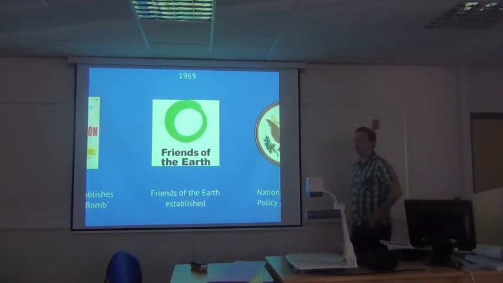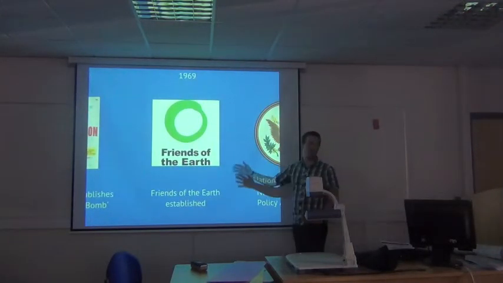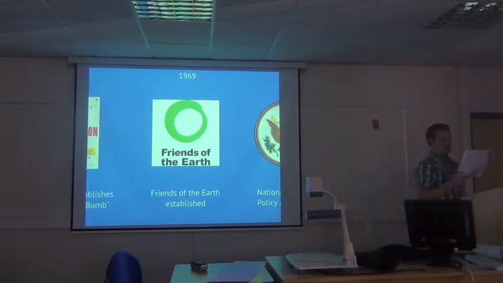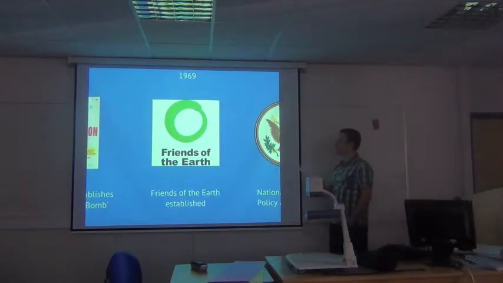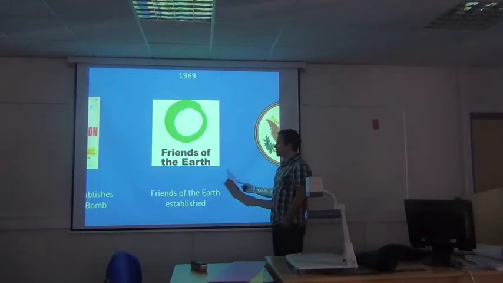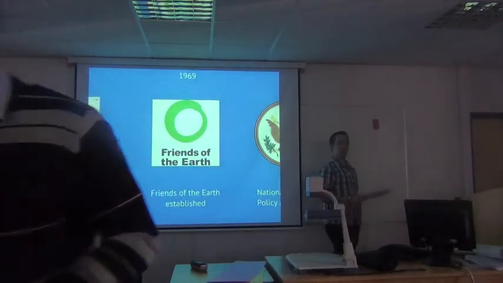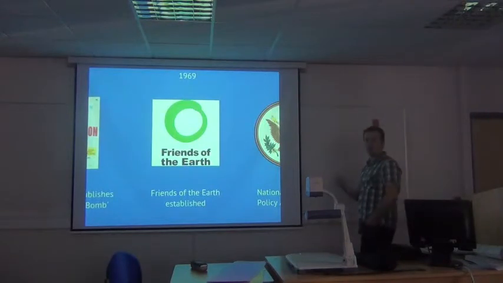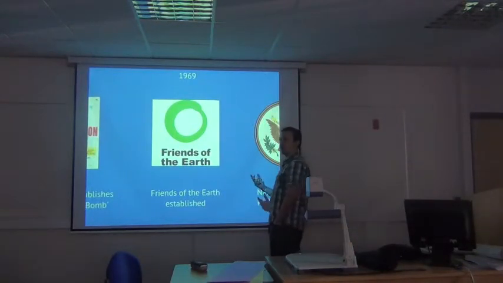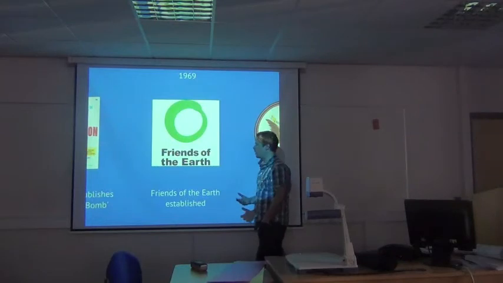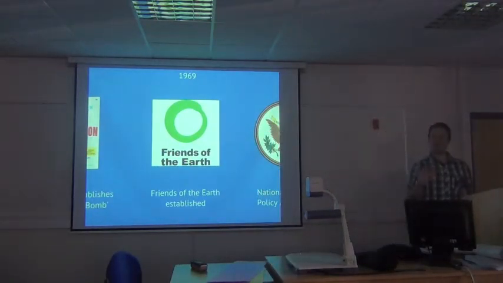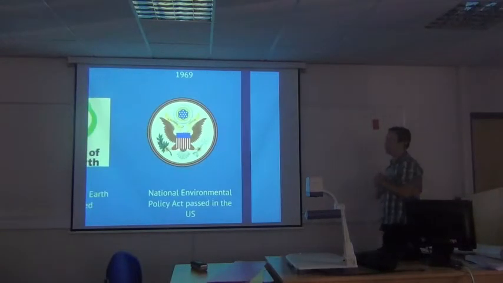Late 60s, Friends of the Earth established. You've probably come across this very famous environmental group. They started off actually dedicated to the preservation of diversity and of citizens' involvement in decision making. They started to grow up not so much around environmental issues, but more about social issues, trying to ensure that people had the right to vote, the right to a decent standard of living, that kind of thing. They were the first people to start to bring this agenda out, and it really started to get known at this point.